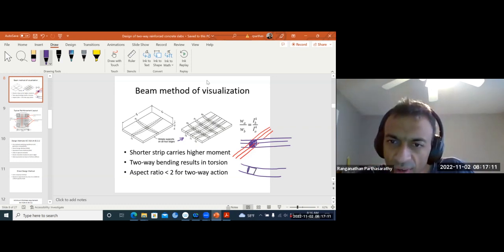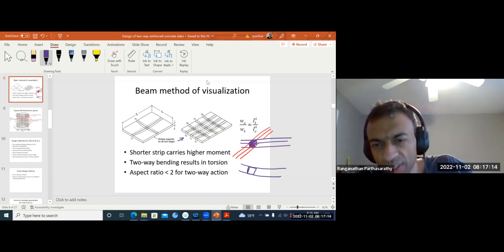That means for the red beam, rotation like this in between is like a twisting.